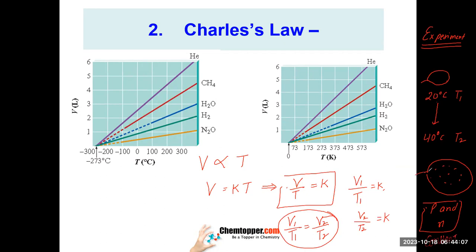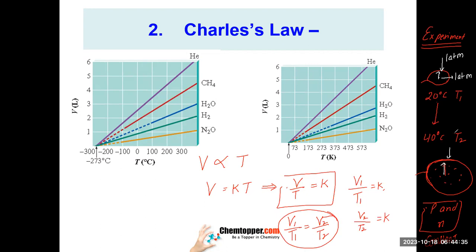How can you say that we are not changing the pressure of the balloon? So the pressure inside the balloon and outside the balloon should be the same. Outside pressure we know is 1 atm. So what's the pressure inside? 1 atm.